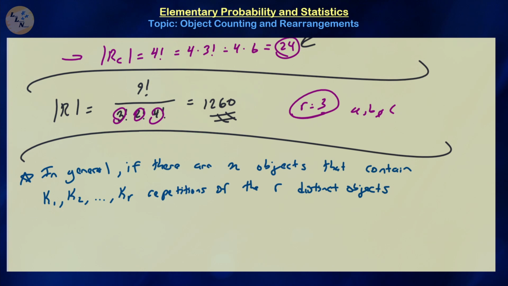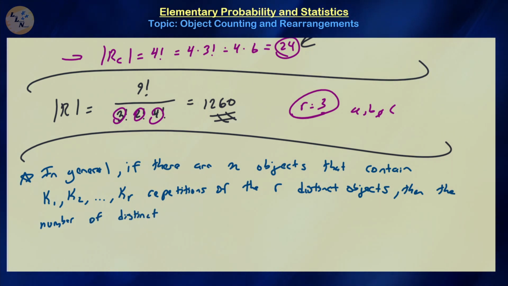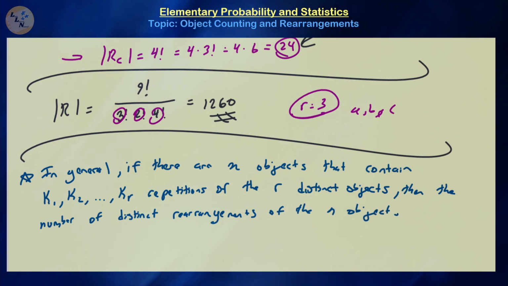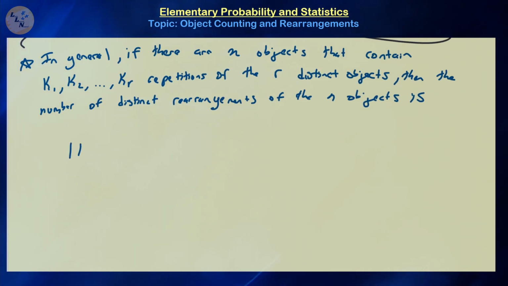So if this is the setup that we have, then the number of distinct rearrangements of the n objects, and keep in mind this is without replacement, is what?